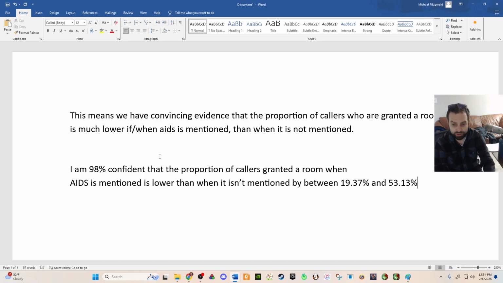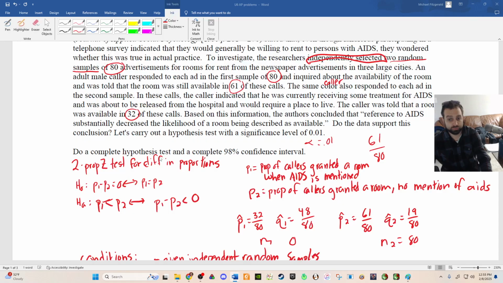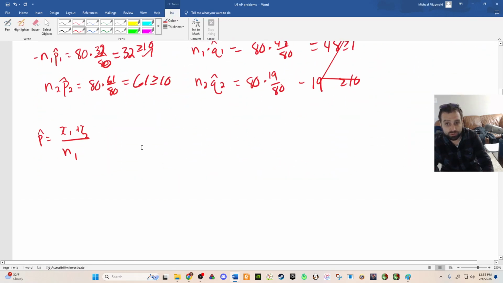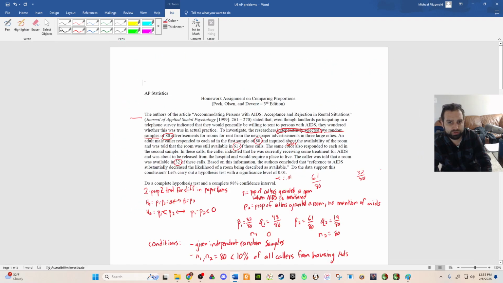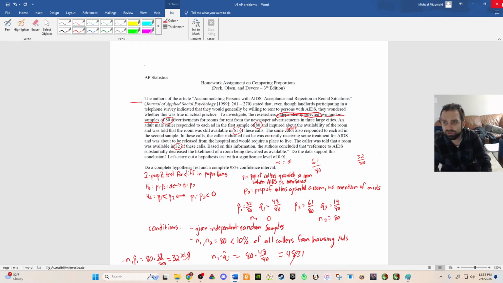We know the proportion is lower by between those two values. Okay, let's go next. Let me erase that.